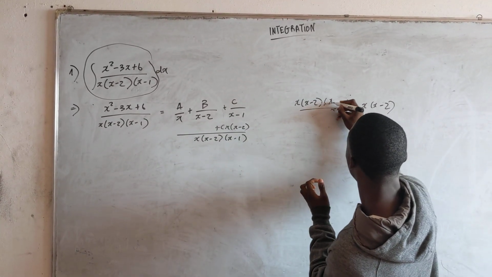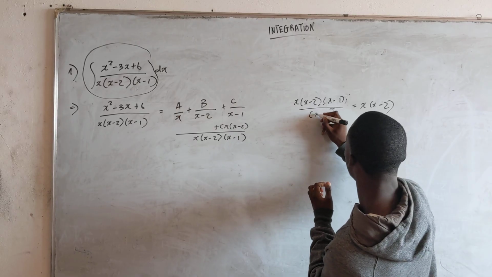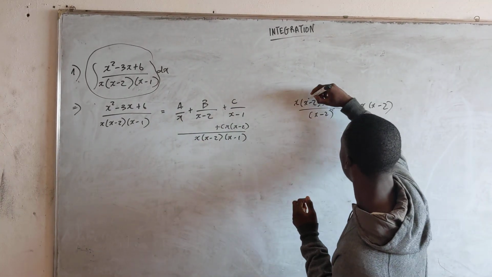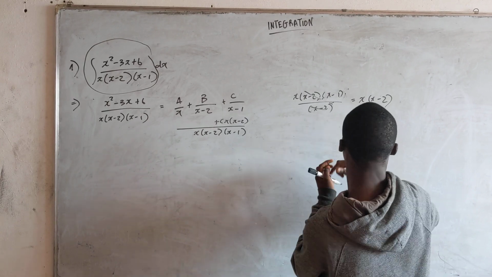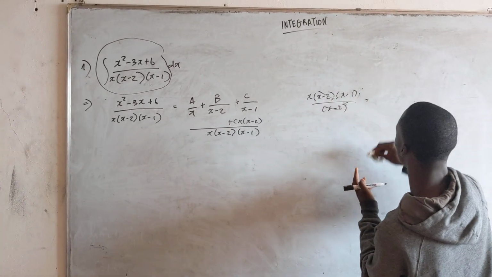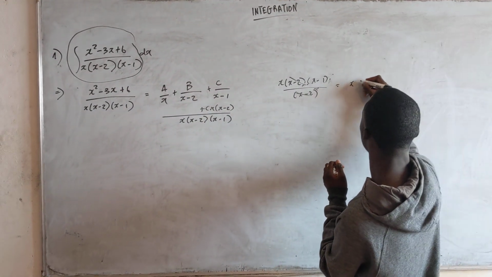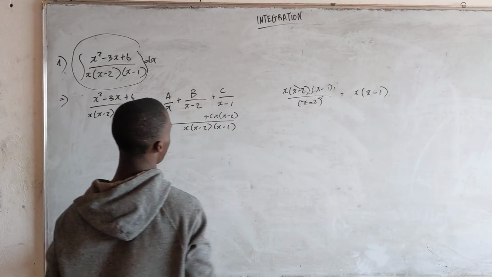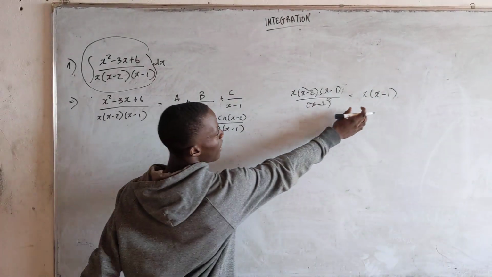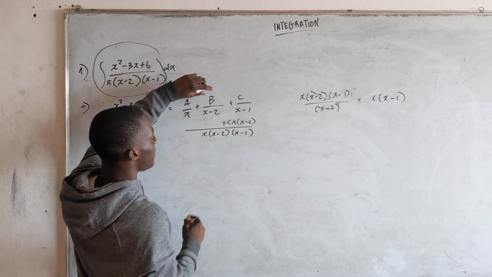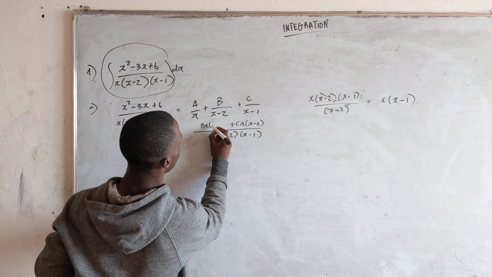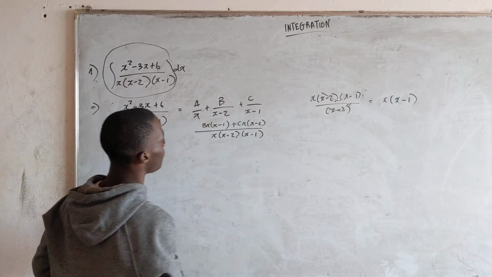This part, x minus 1 divided by x minus 2, this divided by this, this will go with this. We are going to be left with x into (x minus 1). We are going to take our answer and multiply it by the b part. Implies bx into (x minus 1).